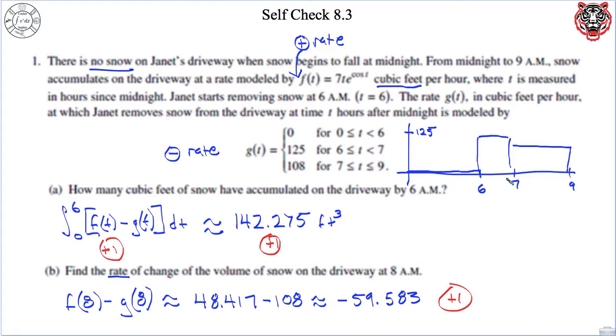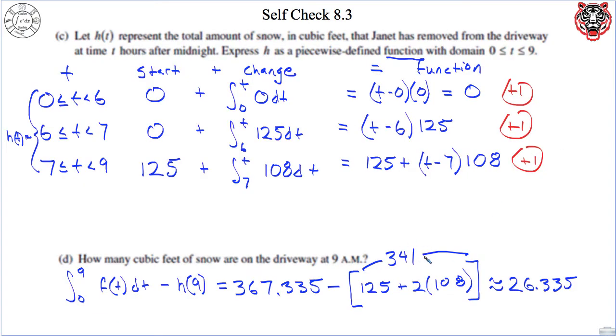Between 6 and 7, that's a distance of 1 and 125, so that's 125 for the area here. Between 7 and 9, that's 2 times 108. This level right here is 108, and 2 times 108 is 216. 216 plus 125 gives you 341.